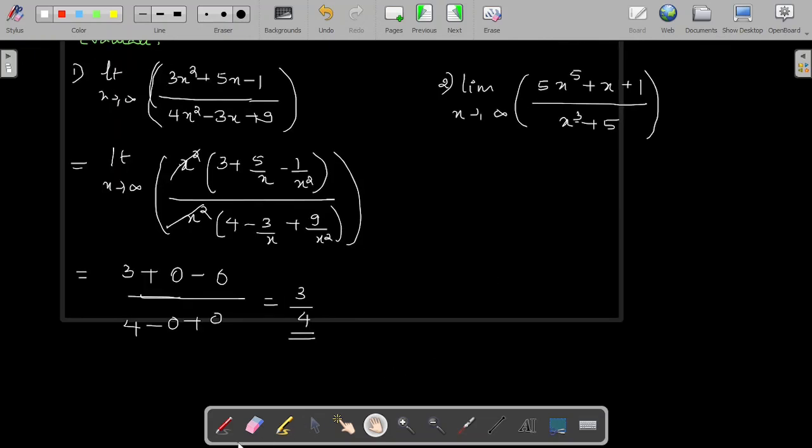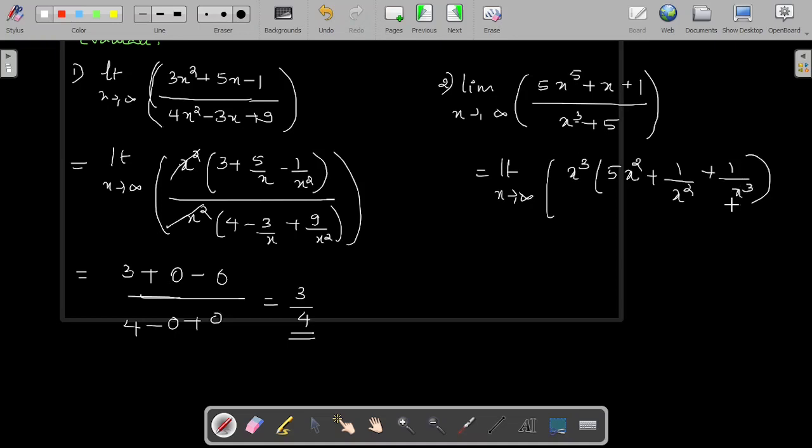Consider one more problem. Limit x tends to infinity of this function. Now the degree of numerator is more than the degree of denominator. So the common value is x cube. Take x cube outside: 5 into x square plus x plus 1 by x cube, divided by x cube common, 1 plus 5 by x cube.